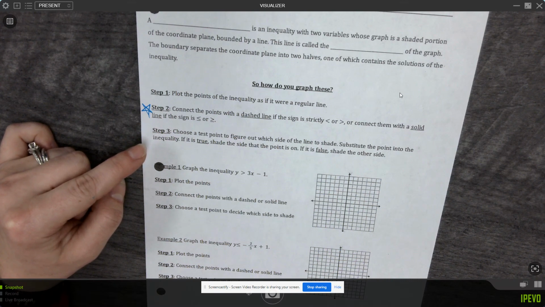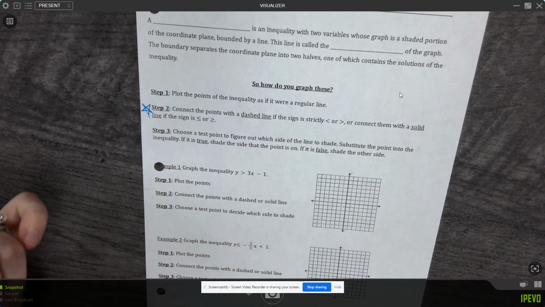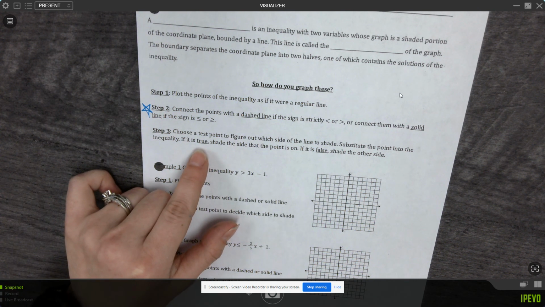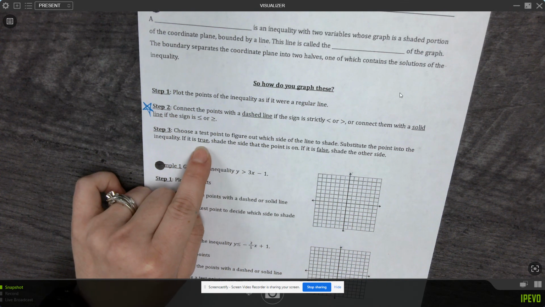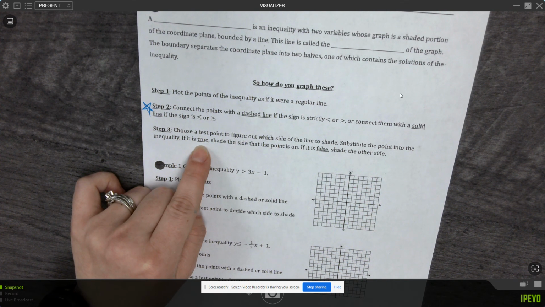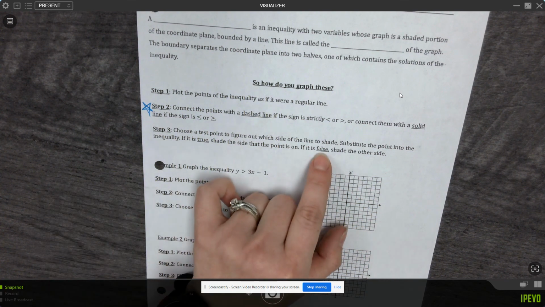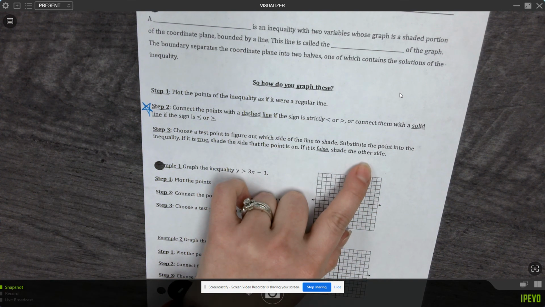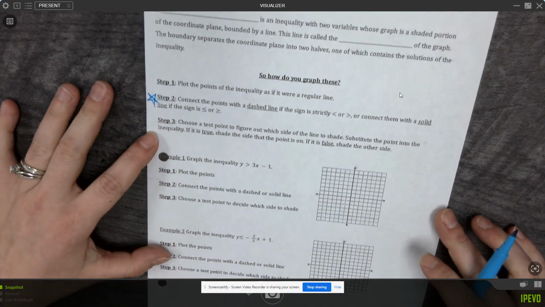So you need to pick something not on your line. You're going to plug it into the inequality that you are given. If you plug it in and what you end up having is true, you are going to shade the side that your point is on. However, if it comes out to be false, you shade the other side. So let's go through this.